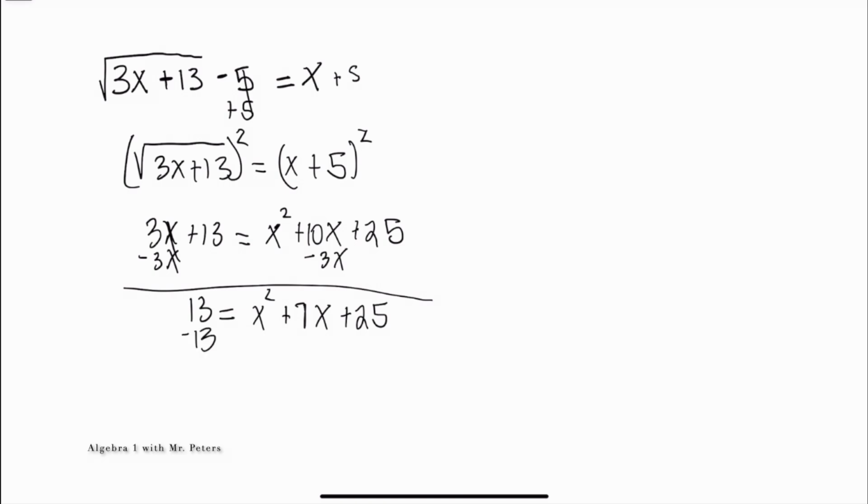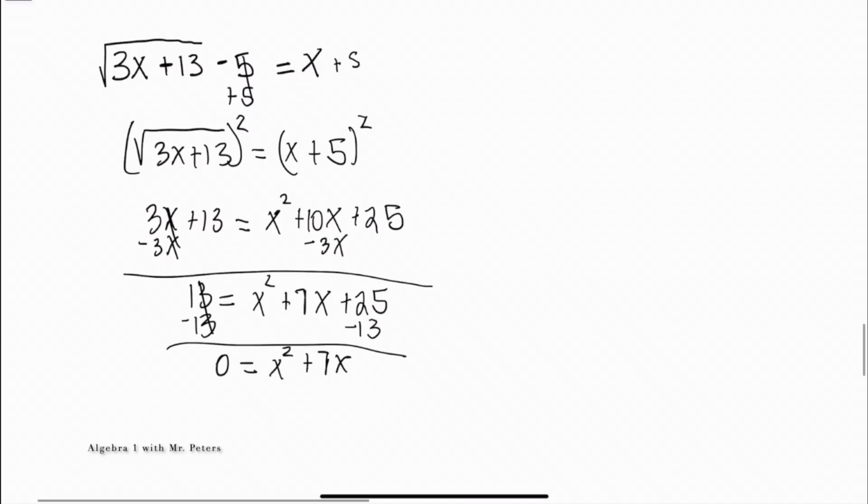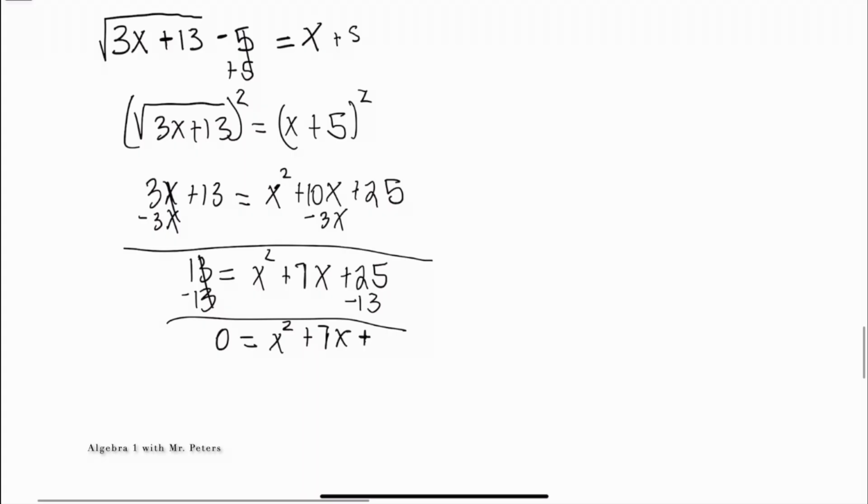Then after we subtract 13, we're going to get 0 is equal to x squared plus 7x plus 12. So if the equation has 0 in the front, or you rewrite it as x squared plus 7x plus 12 is equal to 0, it's going to be the same thing, whichever one works.